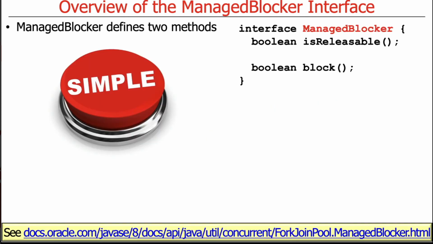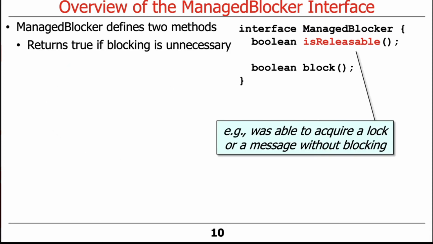The managed blocker interface is really, really simple. It just defines a pair of methods. Here's the managed blocker interface, and you can see it has two methods. The first method is called isReleasable, and it returns true or false. Its intent is to return true if there's no need to block. So if something might block, but under the circumstances it won't block, isReleasable should return true.